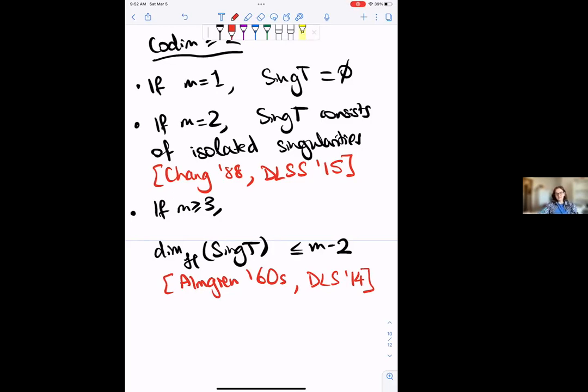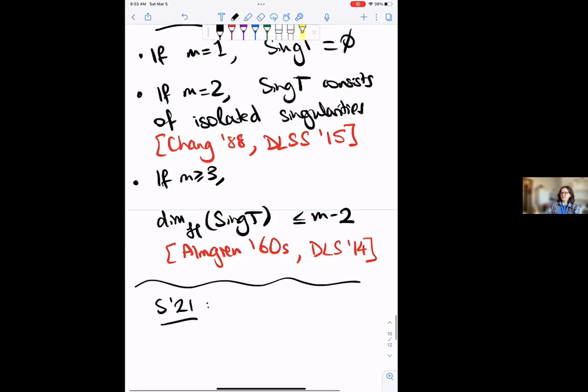It's a very heavy and involved argument. My plan is to go through the key steps of this and to discuss a recent result of mine where I improve this to an upper Minkowski dimension estimate.